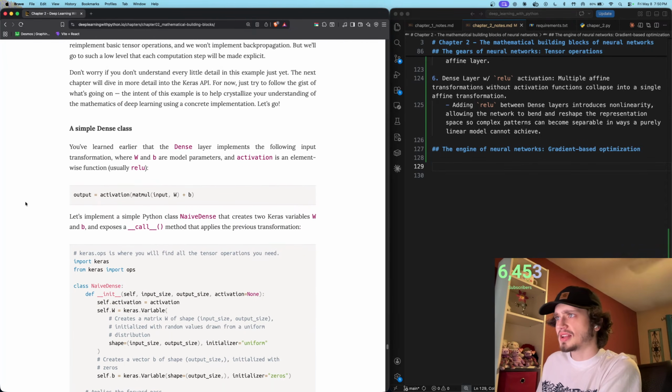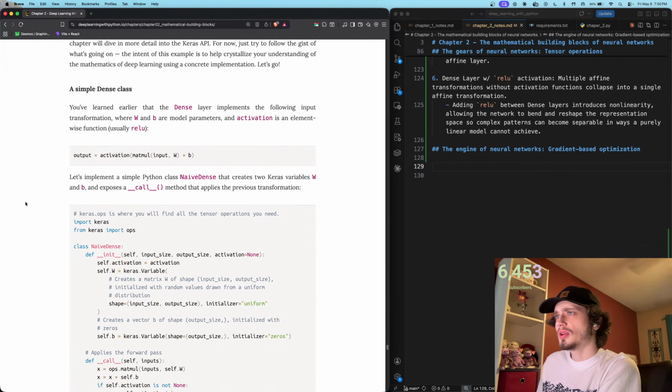A simple dense class. You've learned earlier that the dense layer implements the following input transformation, where the weights and biases are model parameters, and activation is the element-wise function, usually a ReLU function.